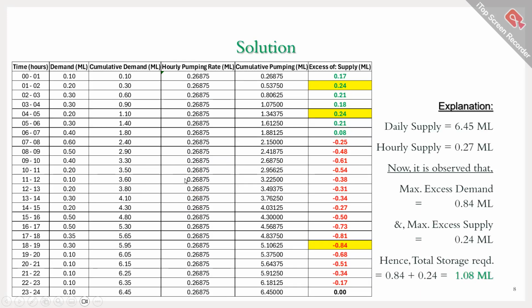The hourly pumping rate we have kept as it is, constant. For the cumulative demand and the cumulative pumping, column number 3 and column number 5, these two columns we have hidden. So only columns 1, 2, 4 and 6 remain.